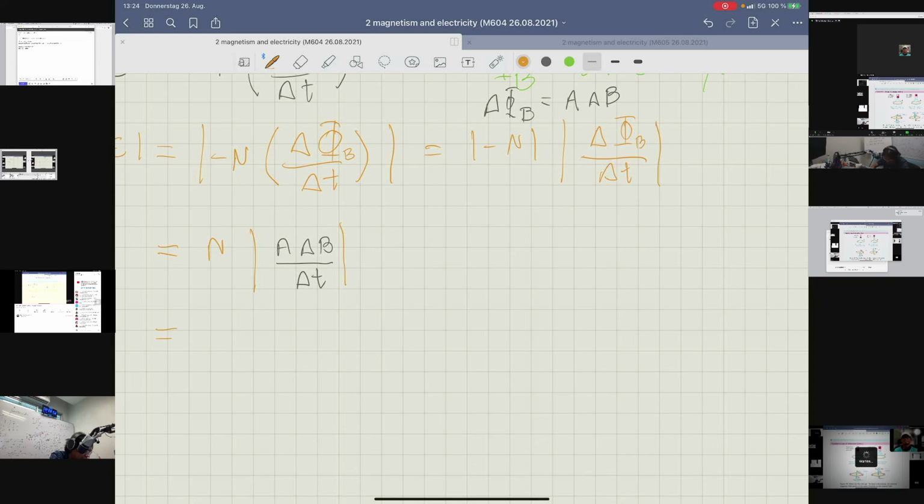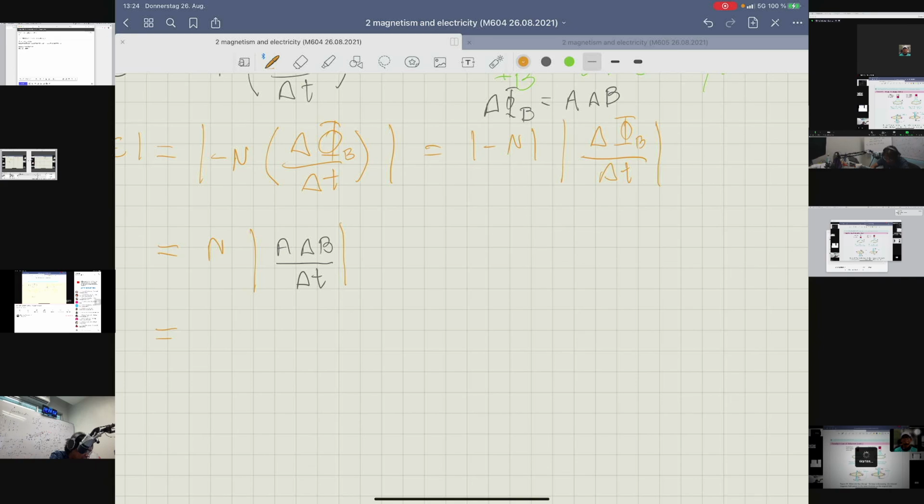The question in this example says that delta B by delta t is 0.02 Tesla per second. So we will substitute. From the figure, even though they didn't say how many turns the coil has, you can see that there is only a single turn for the coil. So N is equal to 1, one turn.